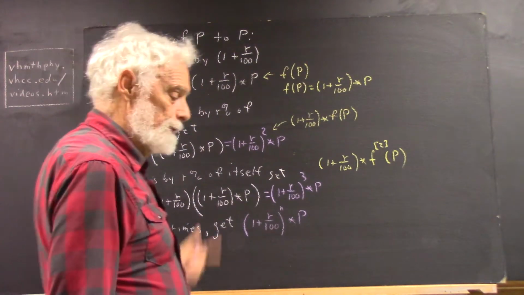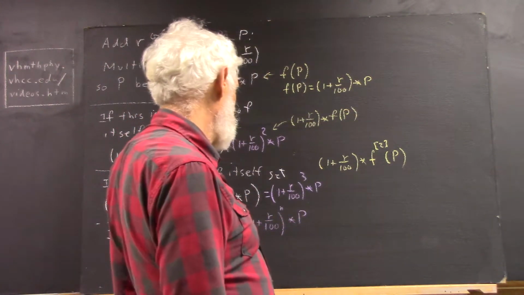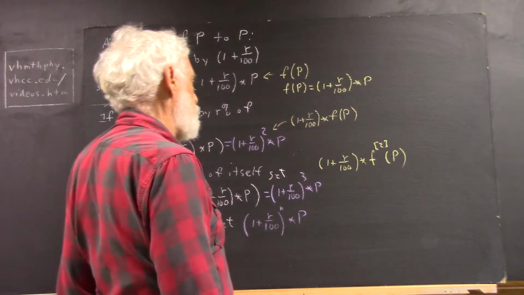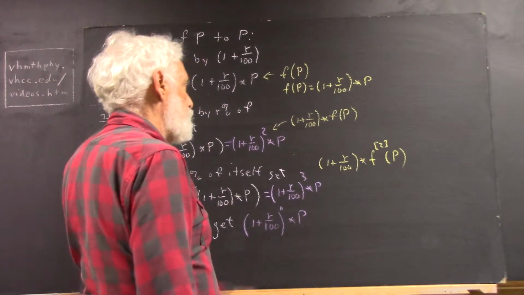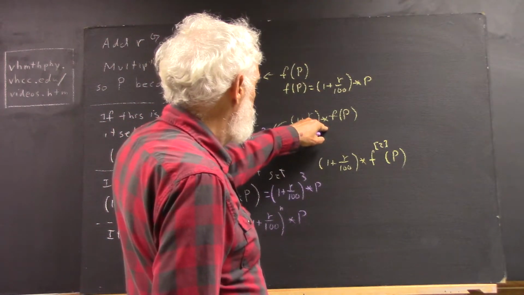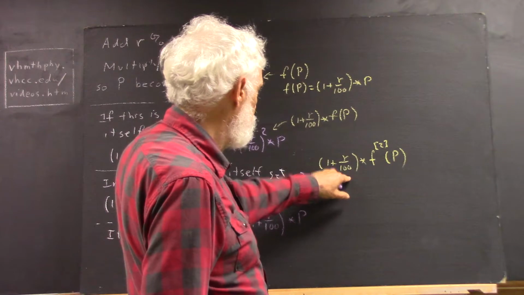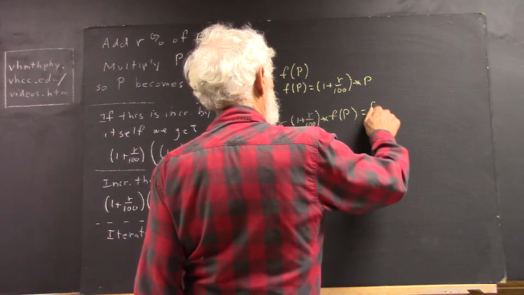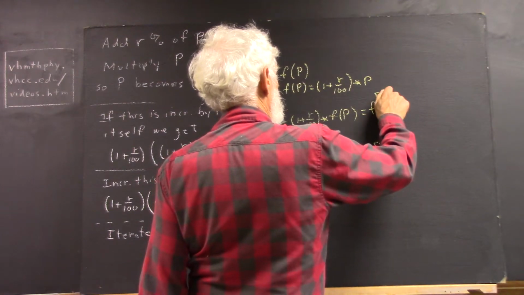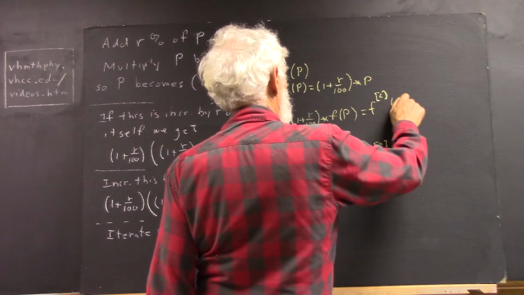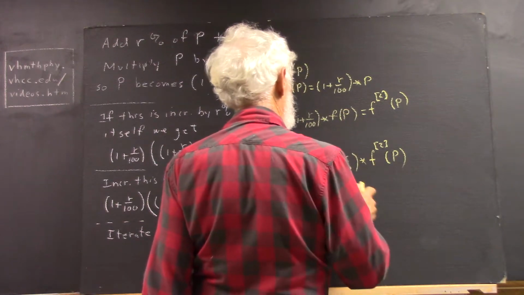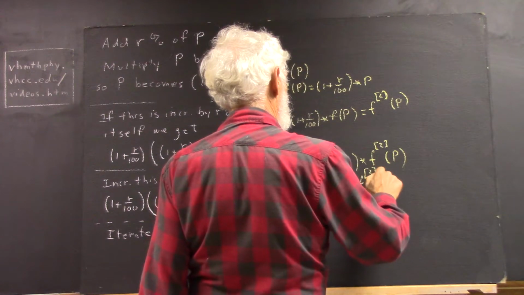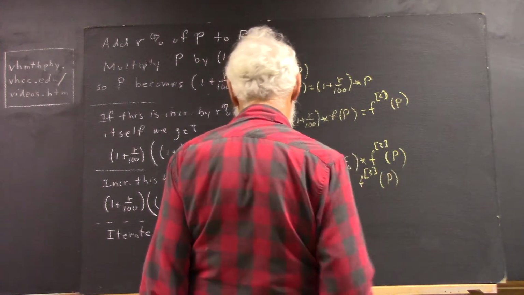But that's in a much different context than this. So I called this f2 of p, so I could call this 1 plus r over 100 times this. So we could say that this is f2 of p. And of course then this would be f3 of p.